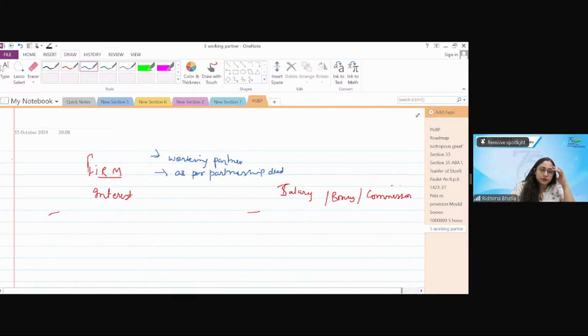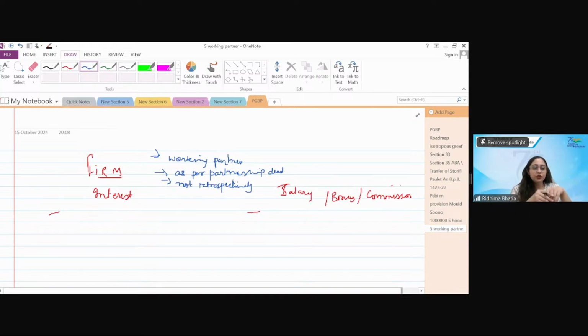Then second, a working partner as per partnership deed. Then another important thing is not prospectively. I mean, in the partnership deed you mentioned today that from October onwards I will pay the salary.